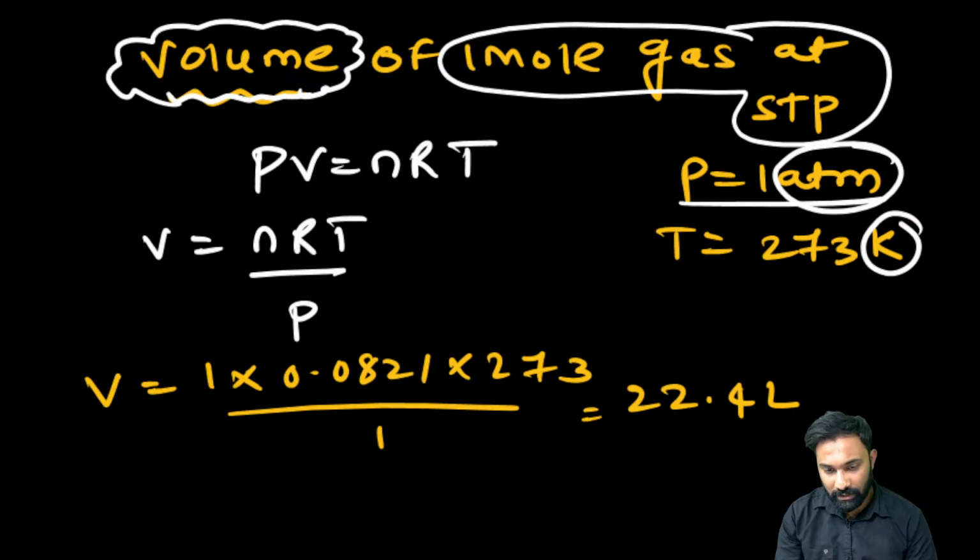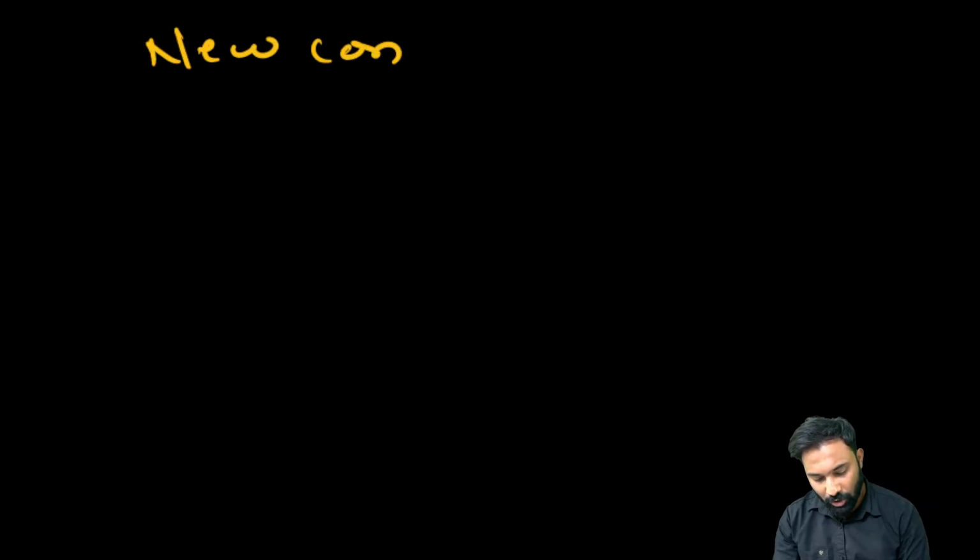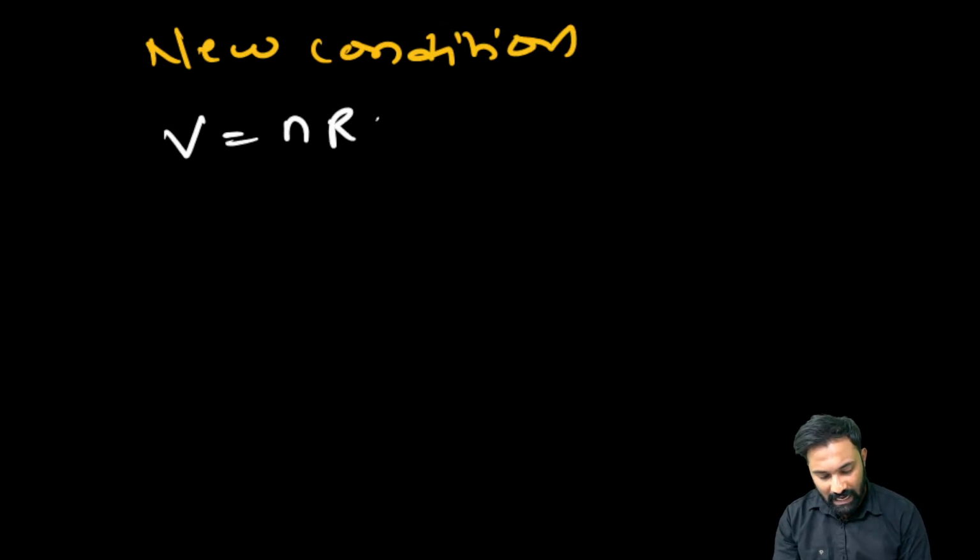Now in the new condition, how much volume is occupied? Now we'll see. In the new condition, same, V is equal to nRT by P. Now in the new condition, pressure is 1 bar.